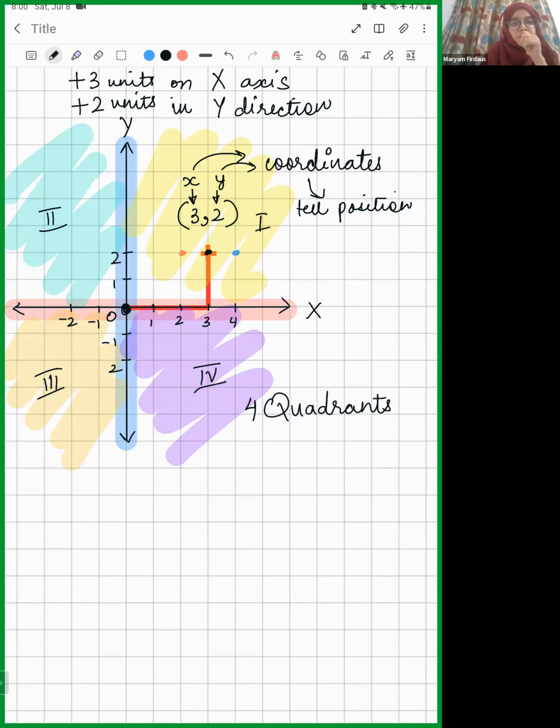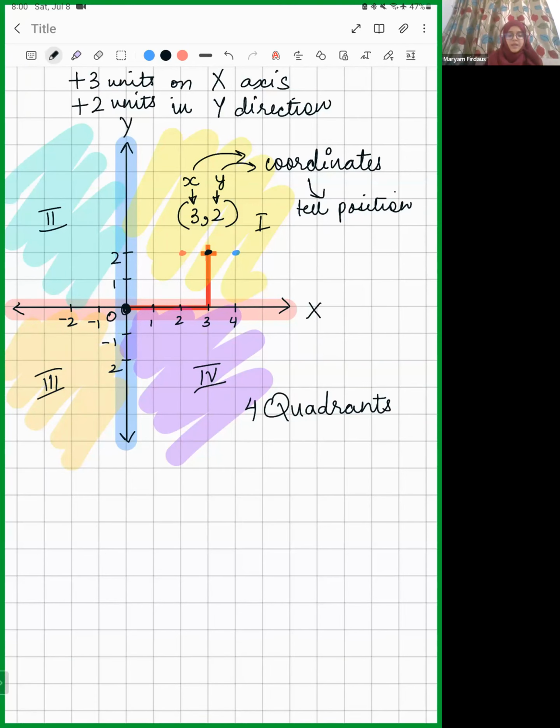You are saying there are 4 quadrants. Which quadrant does 0 lie in? Is that what you're asking? Yes. Is it in all coordinates?